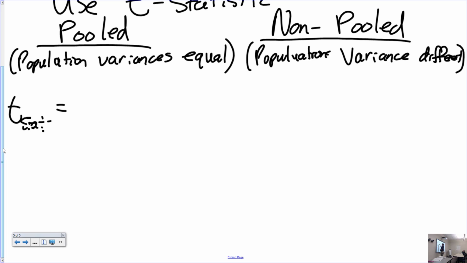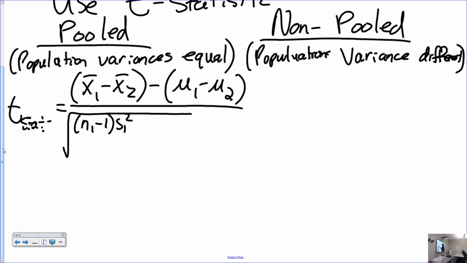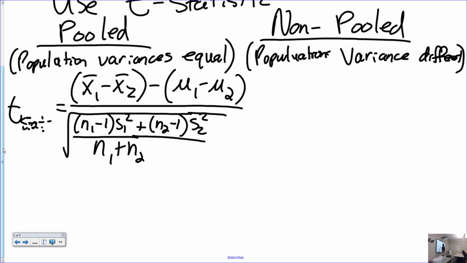So here you're going to do, and everything is going to look really similar. Numerator exactly the same as a large sample size, and then you've just got this god-awful formula that we were working with before, right? N1 minus 1 times S1 squared, all over N1 plus N2 minus 2, plus N2 minus 1 times S2 squared. Remember that wonderful formula?